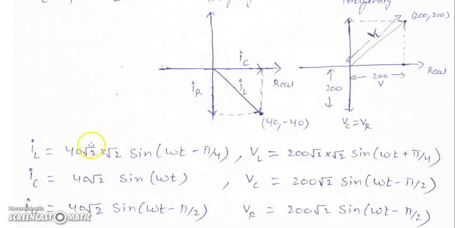We know IRMS through the inductor is 40 root 2, which is the magnitude of this, multiplied by root 2 to get the maximum value. It has a phase of minus pi by 4 from the real x-axis.